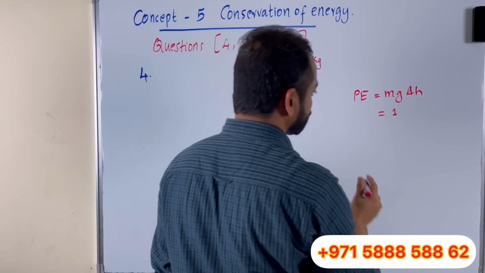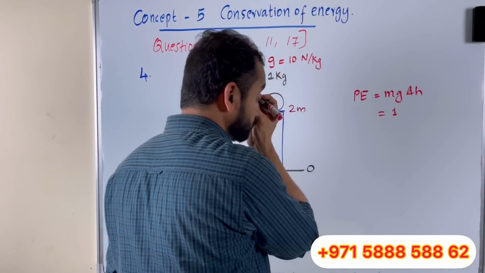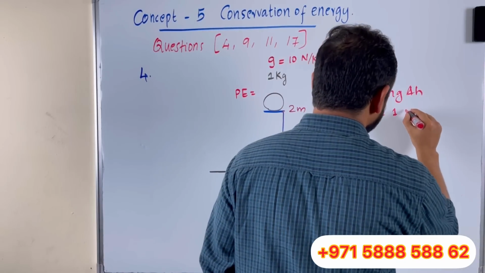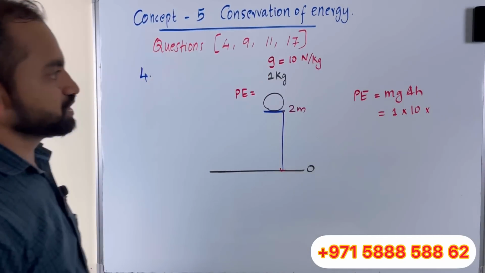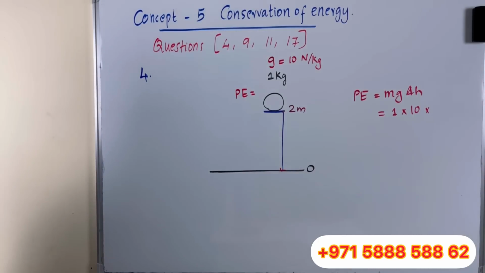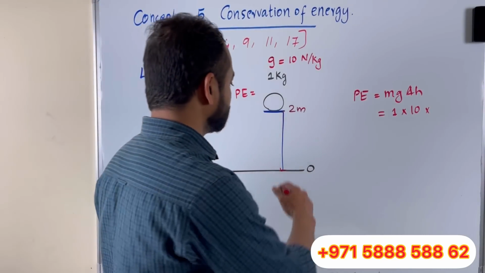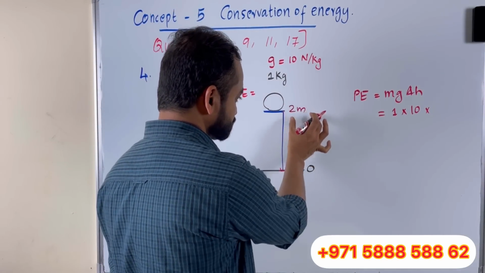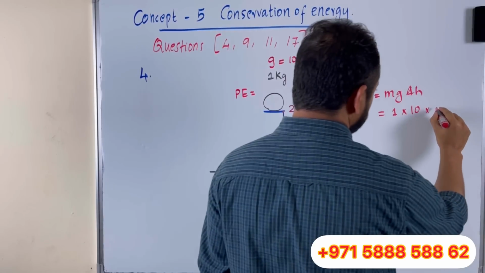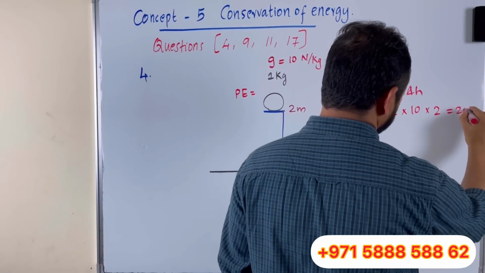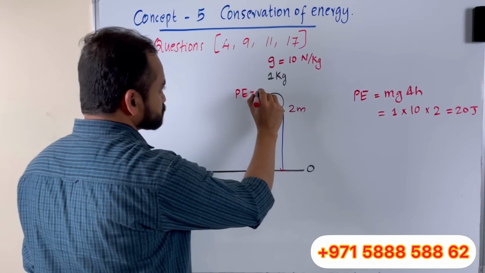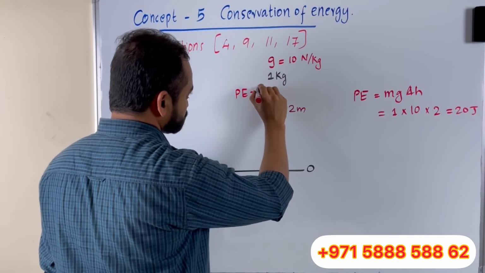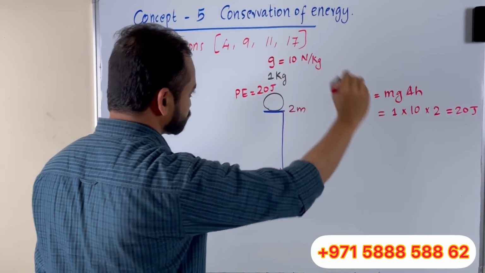The mass of the ball is 1 kilogram, the value of g is 10, taken to make the calculation simple, and the change in height is 2 minus 0, so 2. So the potential energy of the ball is 20 joule at this height.